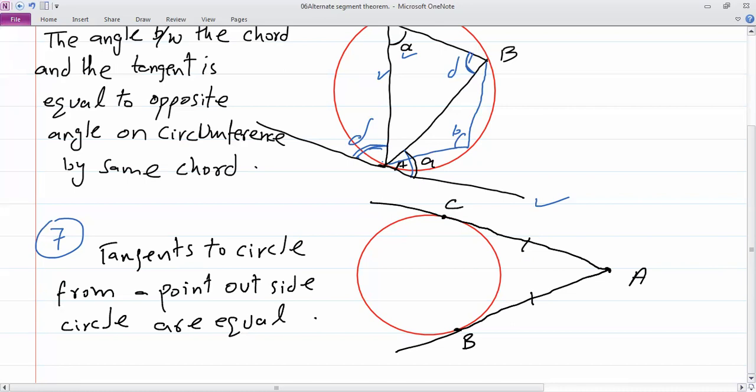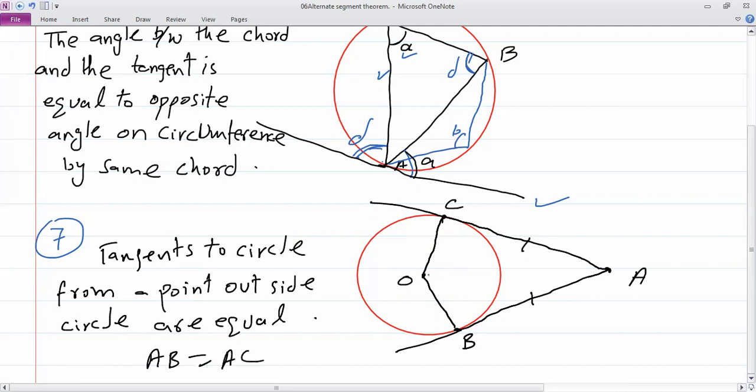For example, in this picture, I can say AB will be equal to AC. And one more thing, let's say this is the center O. Obviously OC and OB will also be equal. Why? Because they are the radius. OC is the radius, OB is the radius, so they will also be equal.